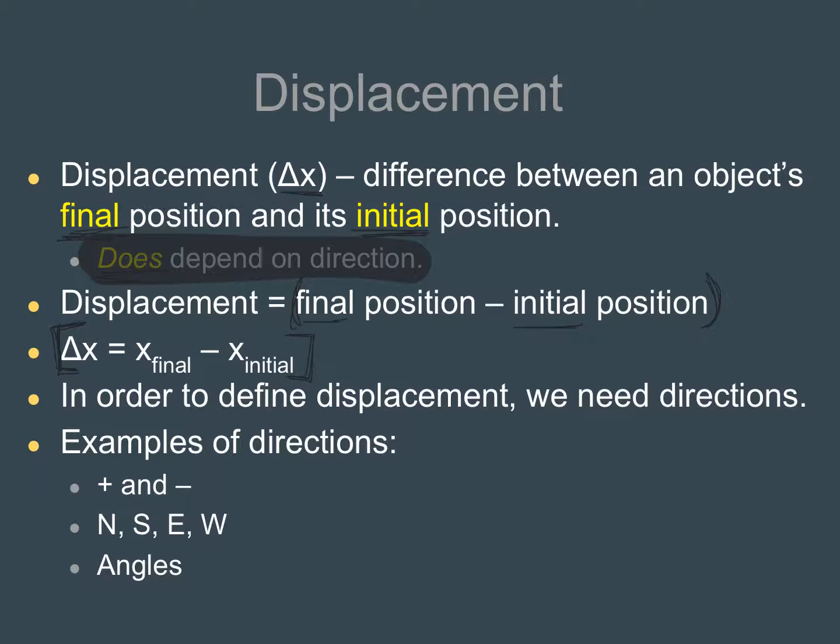All right, so for displacement, because we said it does depend on direction, we need to use a direction. The examples that we could have for that are positive and negative, northeast, southwest, or a certain angle. We are mainly going to be using positive and negative. We'll start out using these other examples of directions, but after that, we're just going to use positive direction, negative direction.